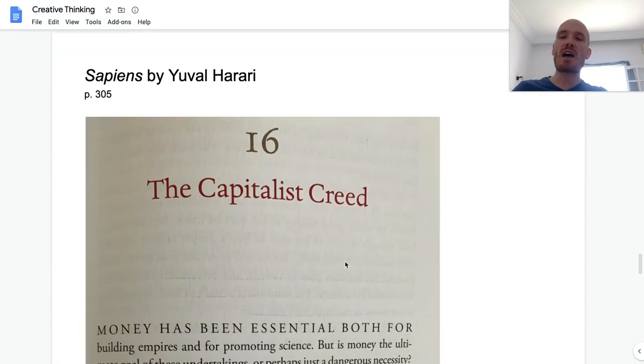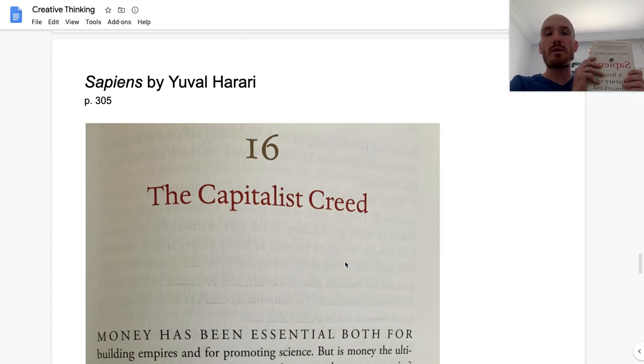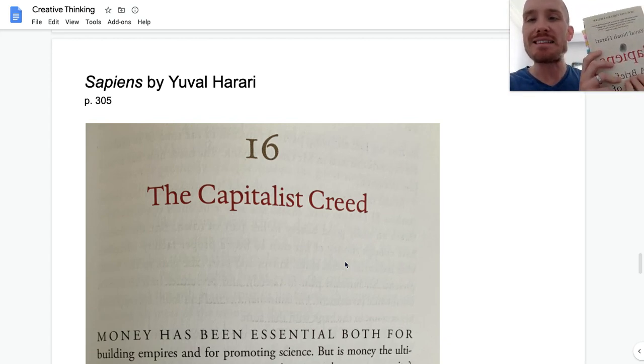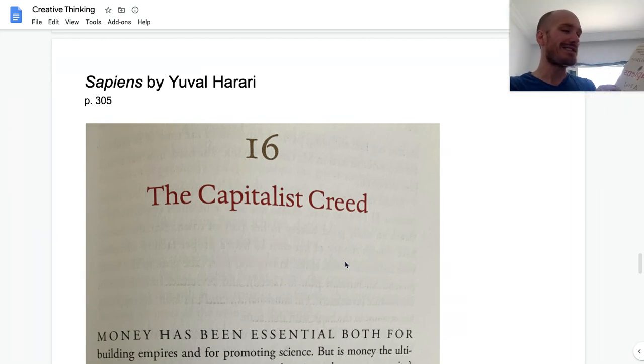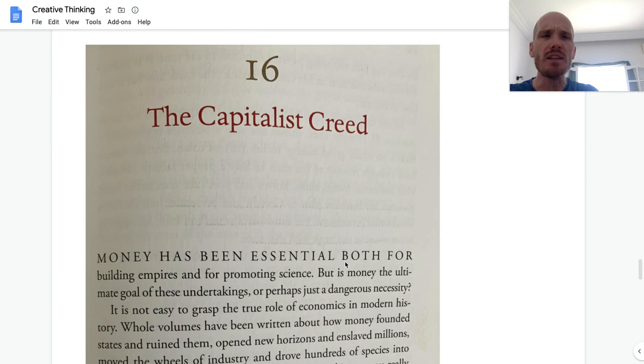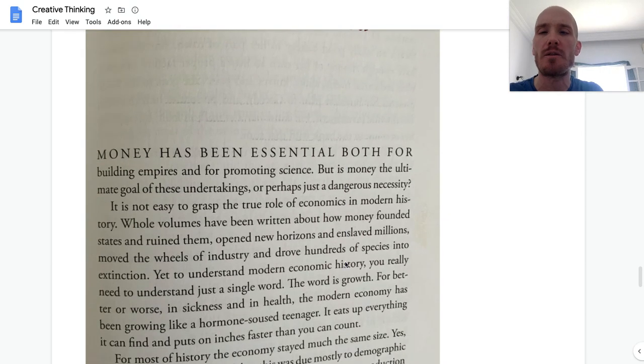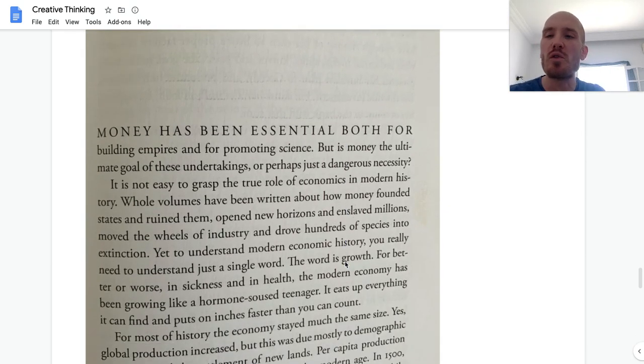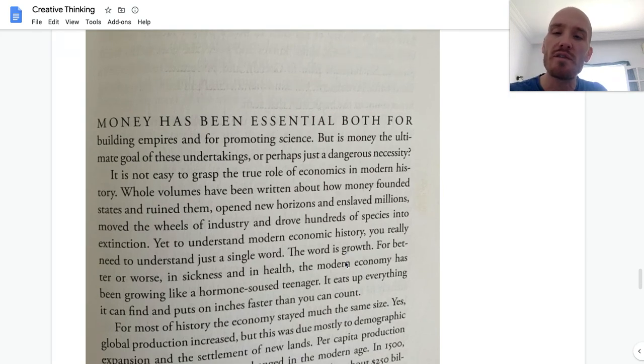Final example, and this is from a work that we've read from before, but it's a different chapter. This is Harari's book, Sapiens, widely celebrated, and we're starting out in chapter 16, page 305. The capitalist creed. What's Harari doing here? "Money has been essential both for building empires and for promoting science. But is money the ultimate goal of these undertakings, or perhaps just a dangerous necessity?"